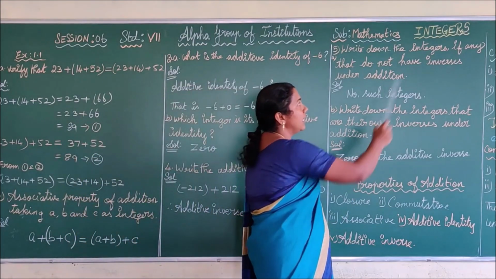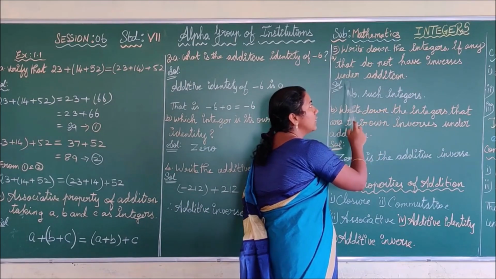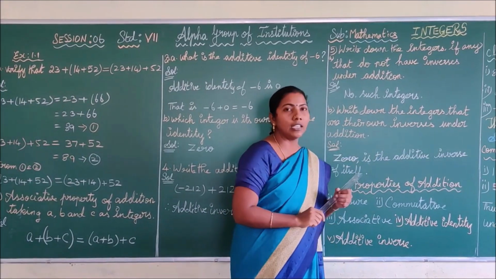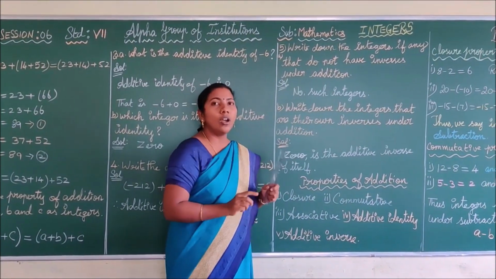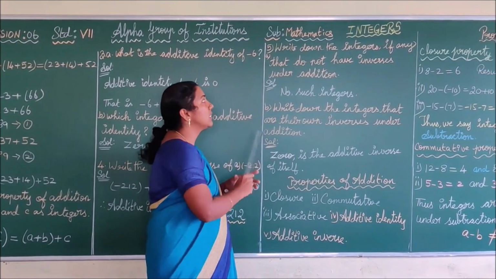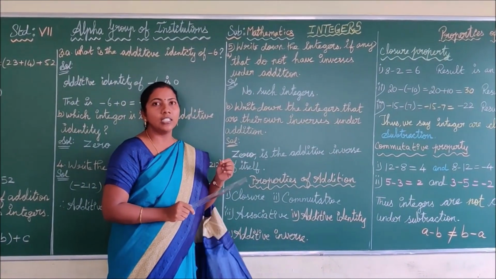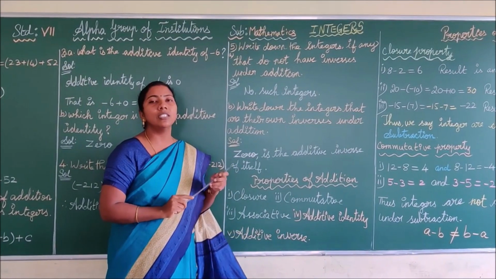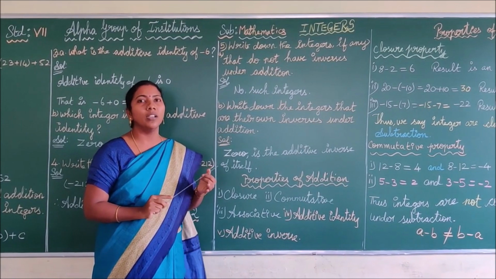Write down the integers, if any, that do not have inverses under addition. What they are asking is, you have to write the integers which do not have an inverse under addition. In the integers, what are the numbers they have? Positive numbers, negative numbers.